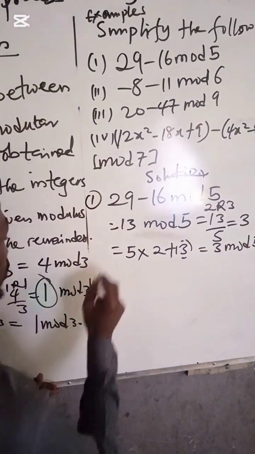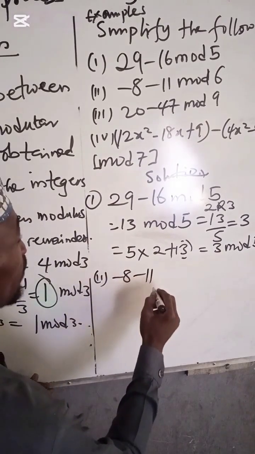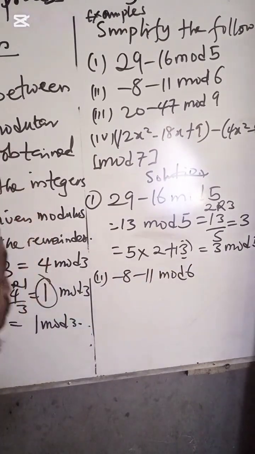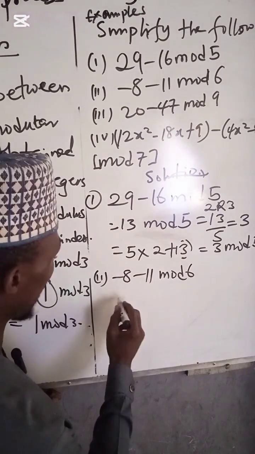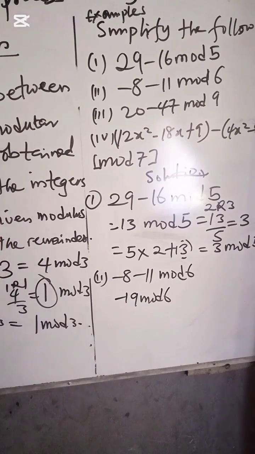The second question, question 2, you have minus 8 minus 11 modulo 6. How do you do this? This is a negative value, adding algebraically together. So minus 8 minus 11 gives you minus 19 modulo 6. This is the negative value I was talking about.